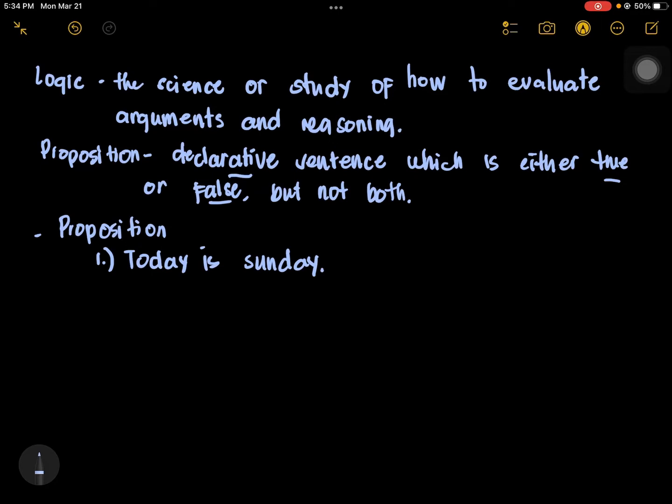So if today is Monday and this proposition is today is Sunday, it's false. If today is Sunday, really in reality, then today is Sunday becomes true. So it cannot be both at the same time. So it's either true or false. So it is proposition.